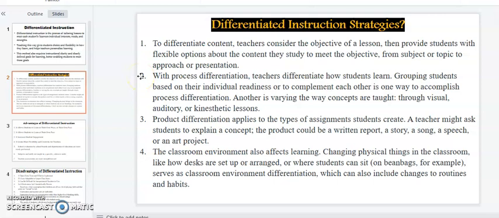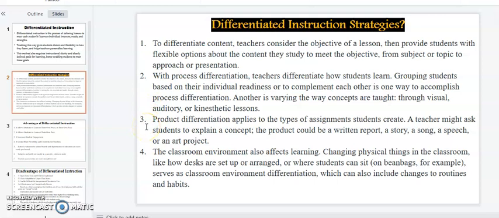With process differentiation, teachers differentiate how students learn. Grouping students based on individual readiness or to complement each other is one way to accomplish process differentiation. Another is varying the way concepts are taught, for example through visual, auditory, or kinesthetic lessons.